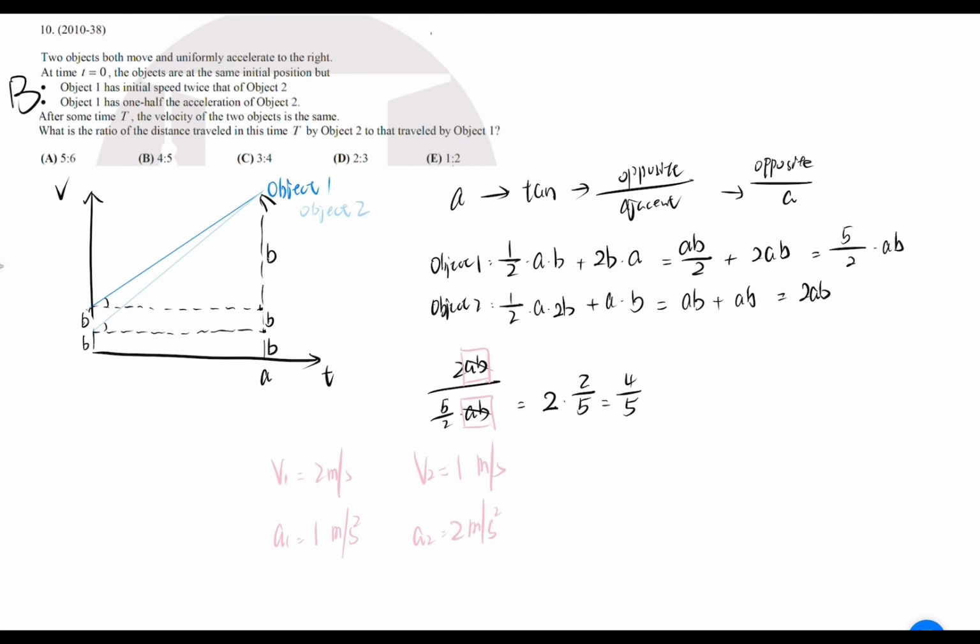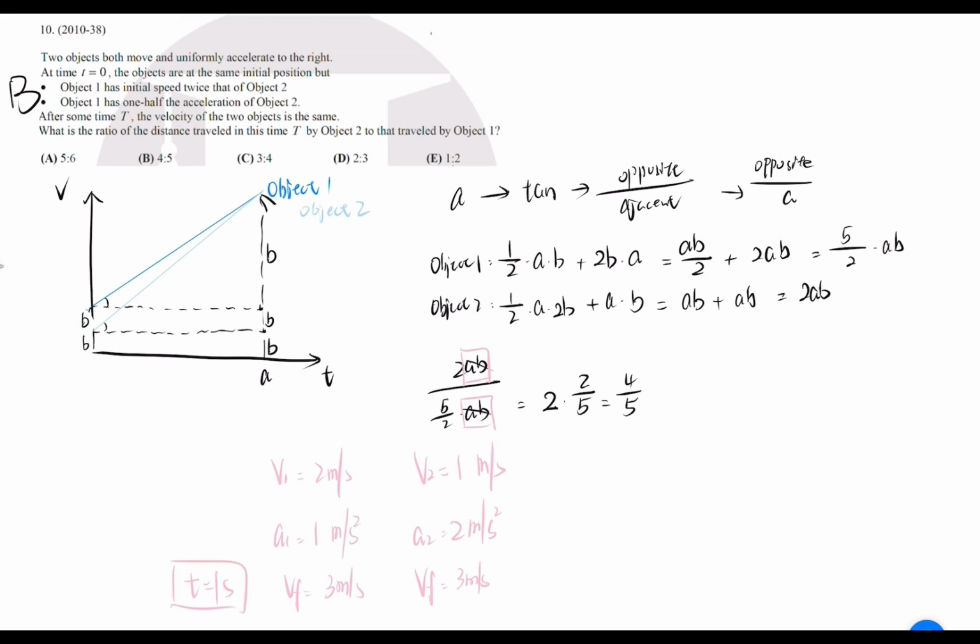If we observe, we notice that at time equal to 1 second, object 1 would travel at a final velocity of 3 meters per second, and object 2 would also travel at a final velocity of 3 meters per second. So this satisfies the requirement of the question. Let's calculate the distance they travel during the period of 1 second.